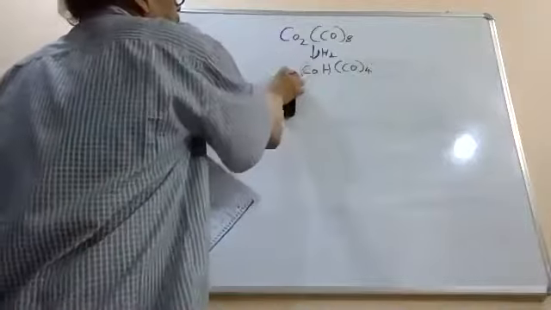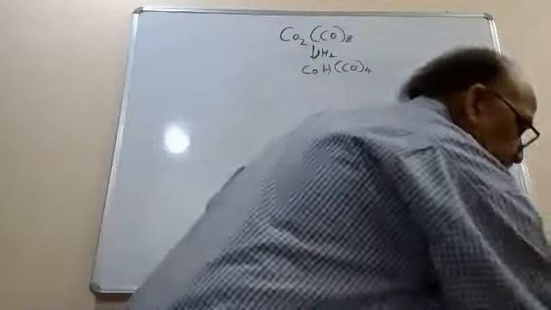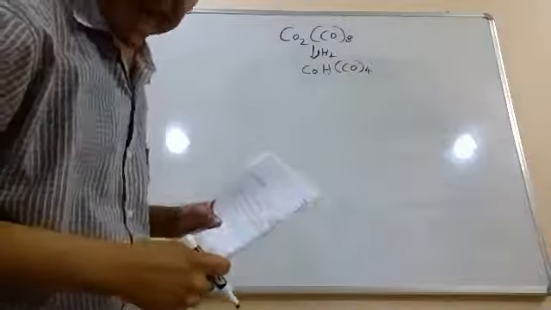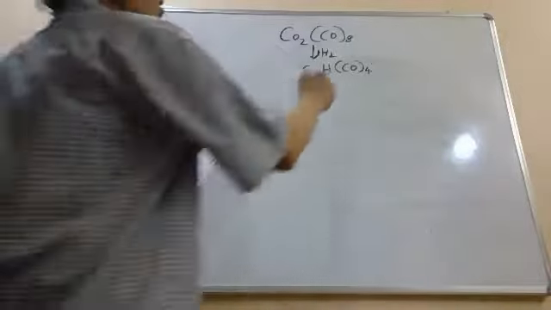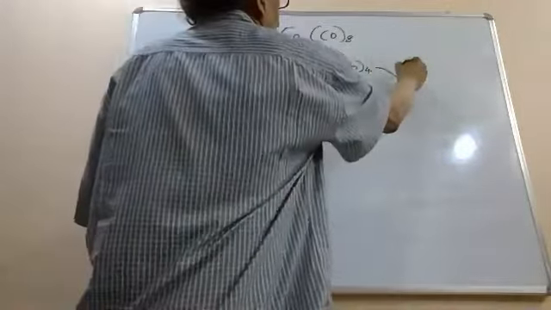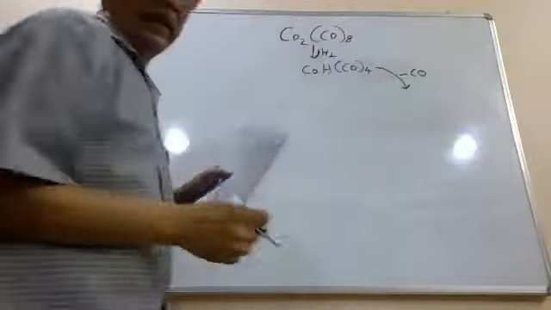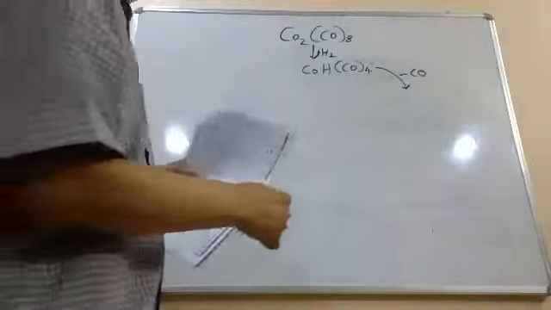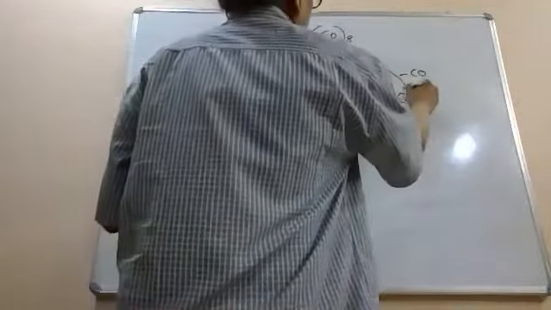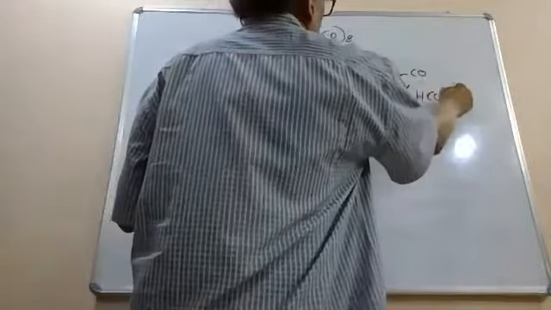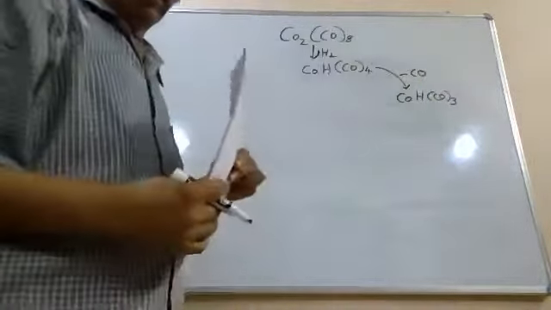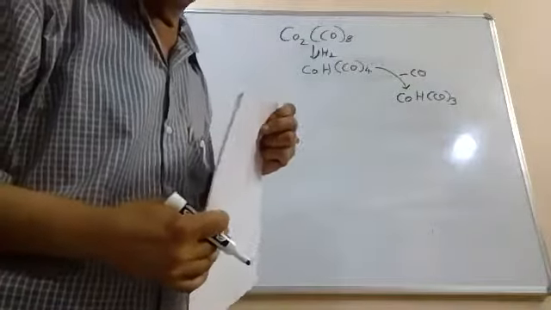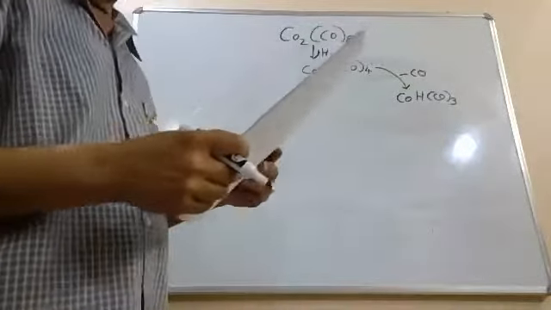We start with cobalt hydrocarbonyl complex. And this one, in the first step, loses one of the carbonyl ligands. So when you do that, you get HCo(CO)3. Instead of having 4 carbonyl ligands, now I have only 3 carbonyl ligands.